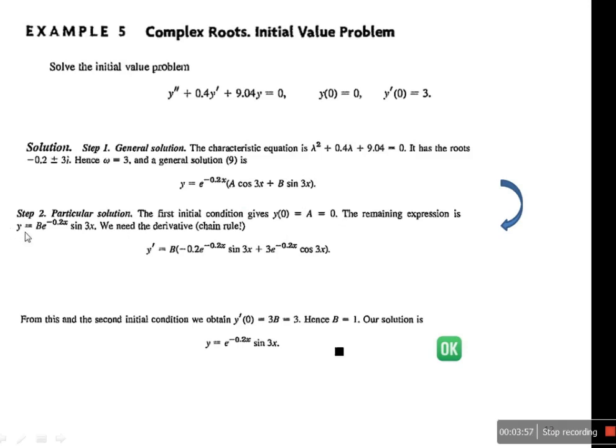I will get y prime equal to this term. So this is the first derivative of y. Now put x equal to 0 and y prime is equal to 3. I will get b equal to 1. So the solution is y equal to e to the power minus 2x sine 3x. Thank you.